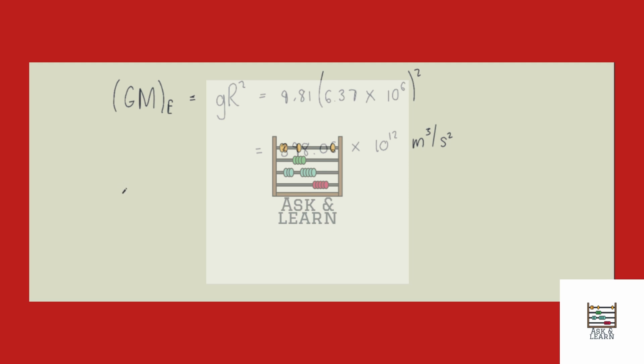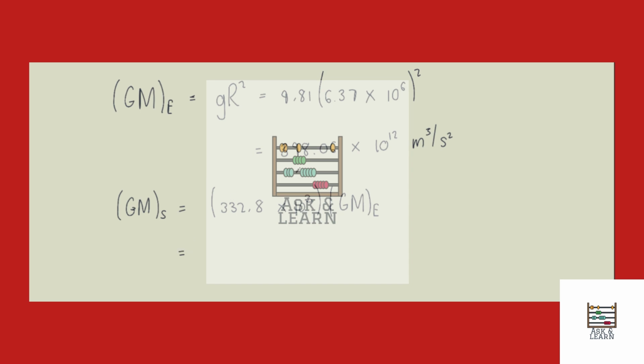We'll find the same value now for the Sun, and we'll use these values a little later on. So the GM value for the Sun, GMS, is equal to 332.8 times 10 to the 3 times the value GM on the Earth.